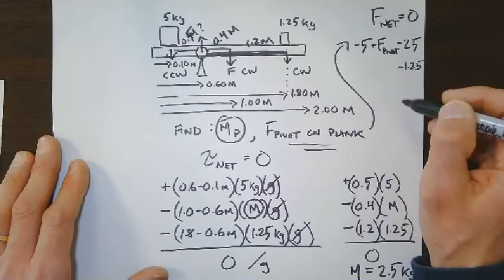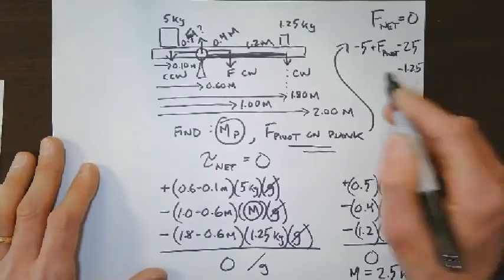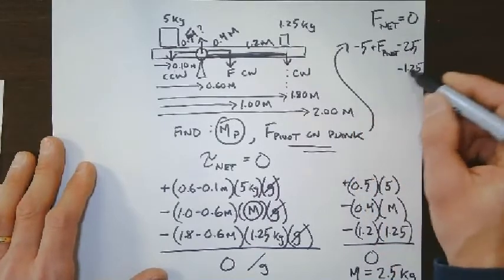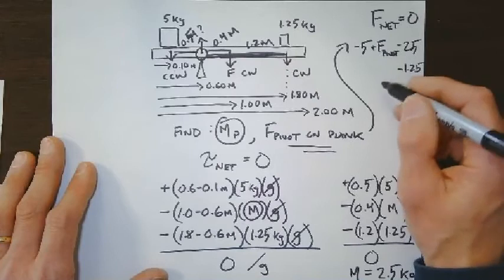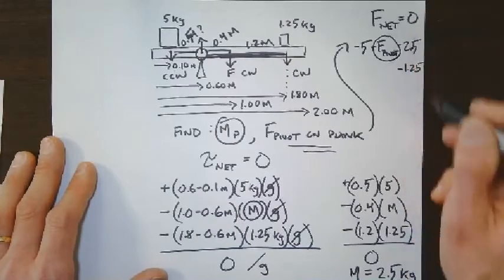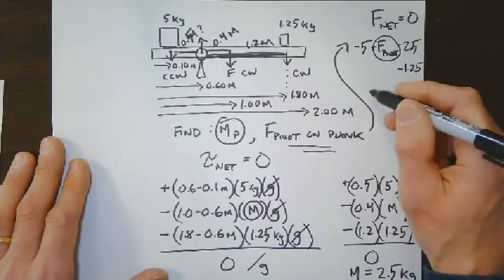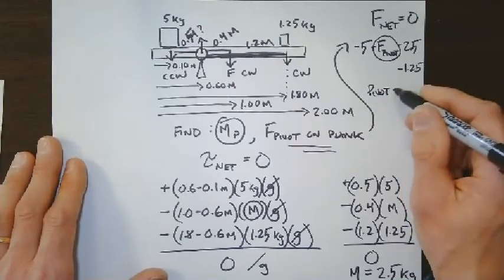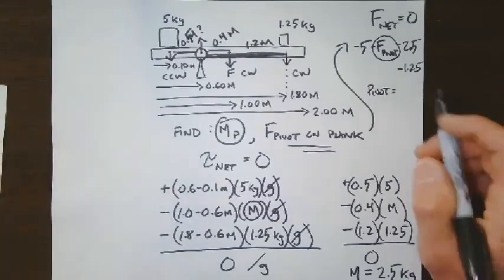Now, I'm kind of taking a little bit of a shortcut here because these aren't really forces, are they? 5 and 2.5 and 1.25, those are all kgs. And I'm trying to solve for what I'm calling a force here, but it's really going to come out to be a mass. So the pivot is going to end up being, what do we have?